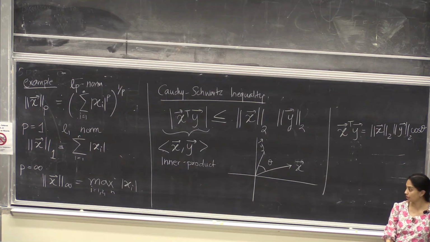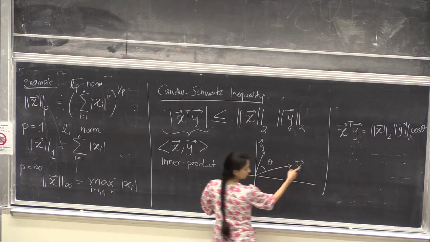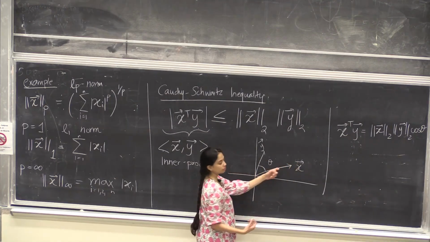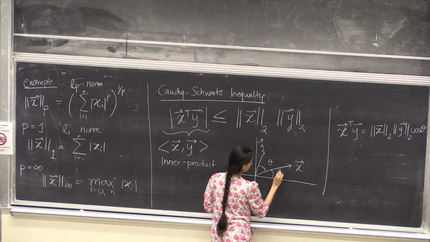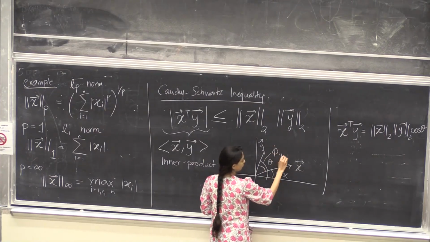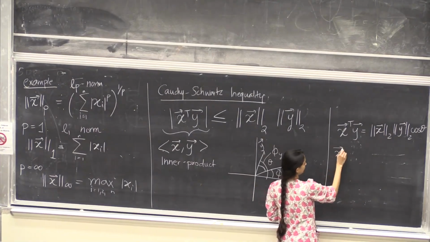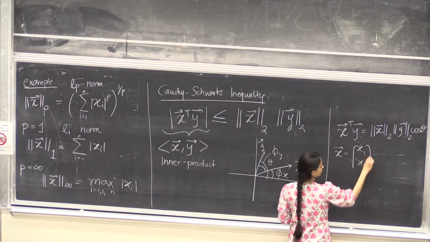The cosine rule. Yes, you would use the cosine rule to prove it. Exactly. What kind of transformation would you need to do? You'd need to use polar coordinates. Right? The basic way to prove this is to think about x in terms of polar coordinates. So if I define this as some angle phi x, and this as some angle phi y, then I could write my vector x as x1, x2 in Cartesian coordinates.